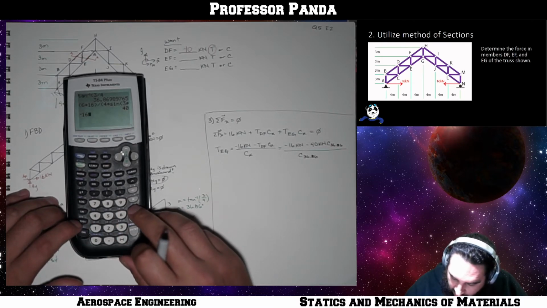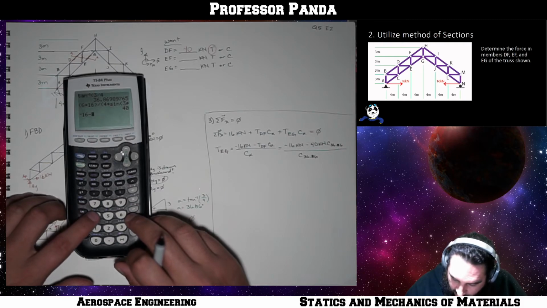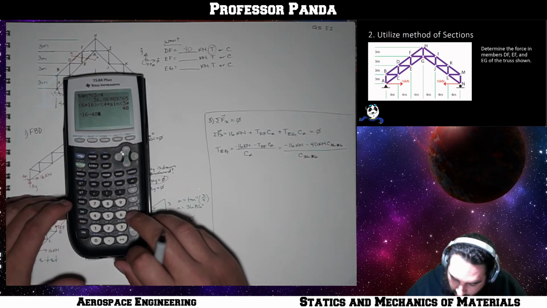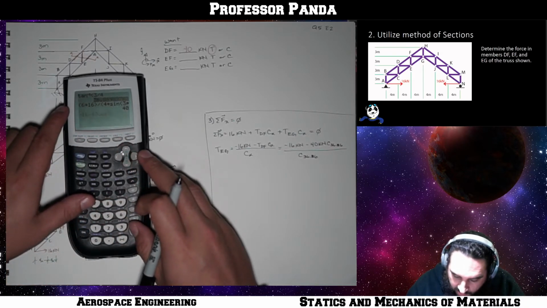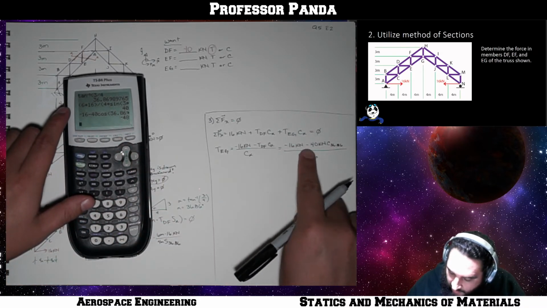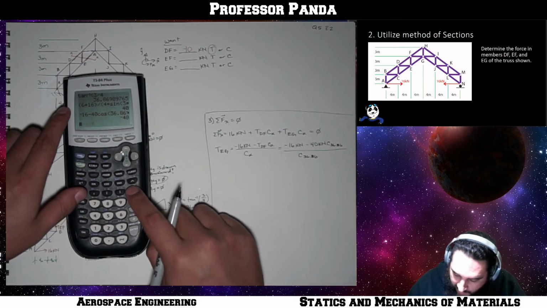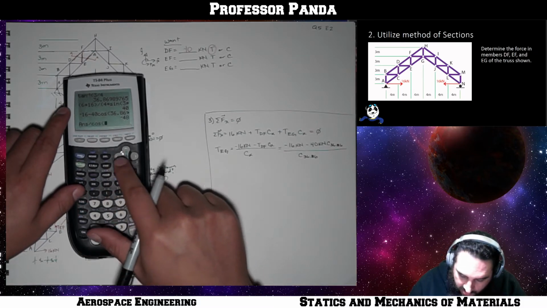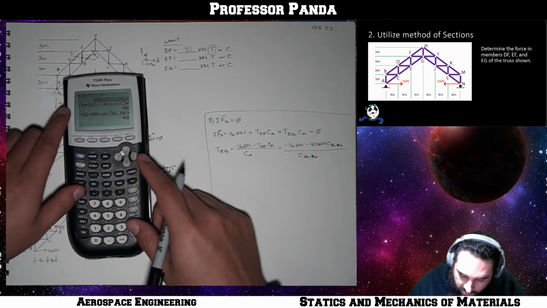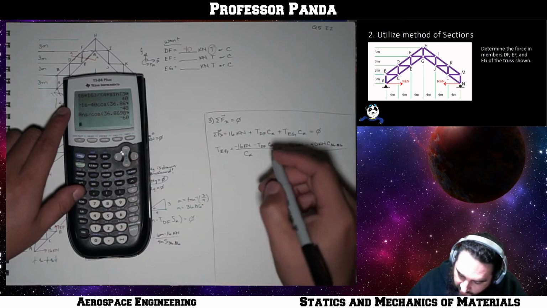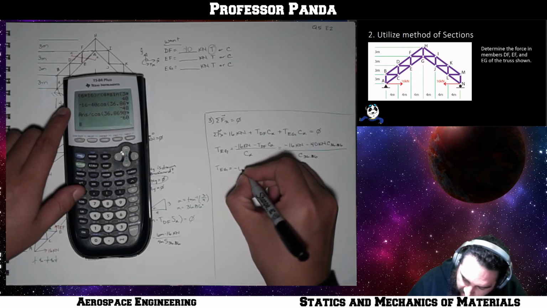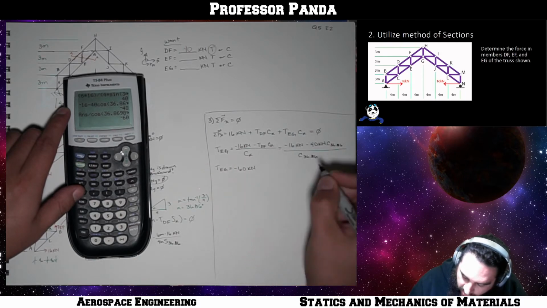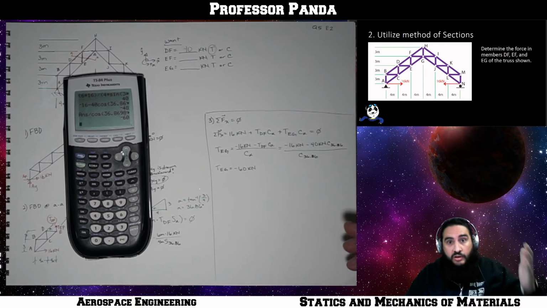Negative 16 minus 40 cosine, and again, we're going to grab this number. Okay, that's the numerator, and we will divide all of that by the cosine of this number. Negative 60. So TEG equals negative 60 kilonewtons.